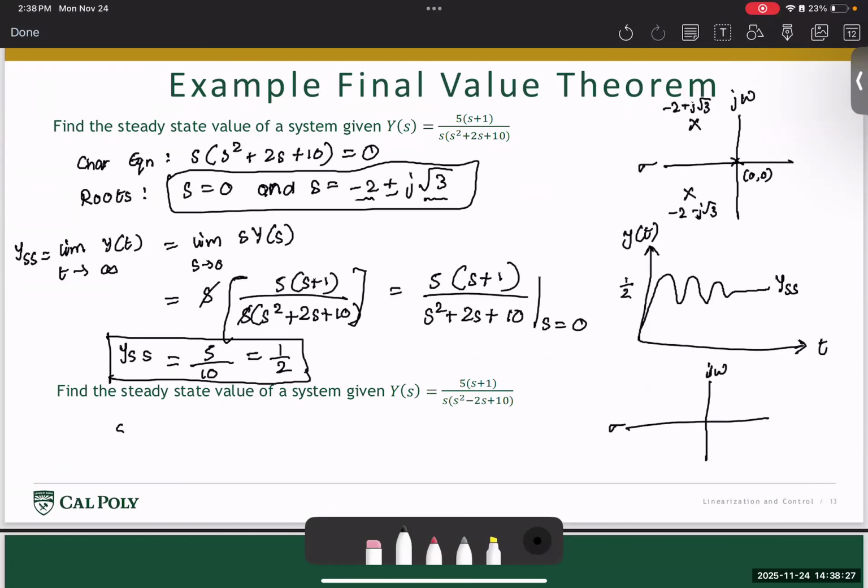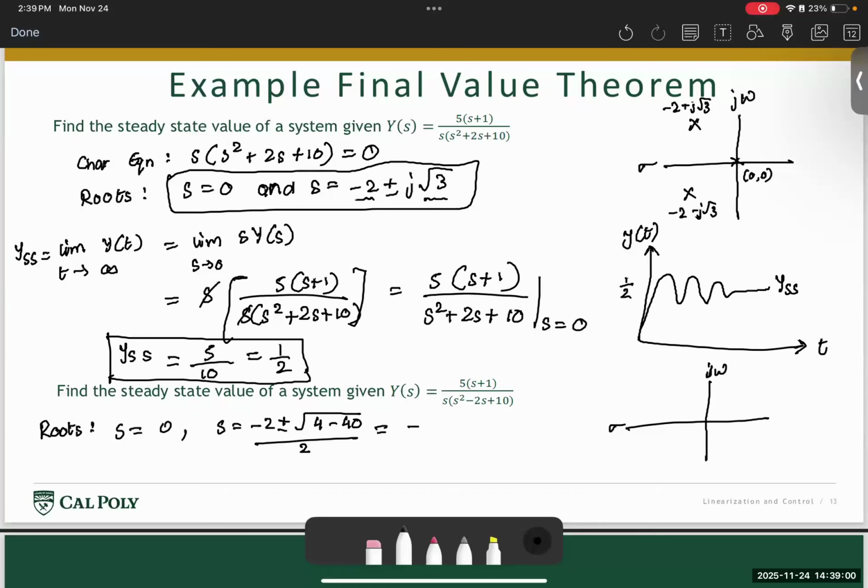Here, you will notice the roots of the equation are s is equal to 0, and then I want you to find the other roots of the equation. The other roots are given by s is equal to minus b, which is 2, plus or minus the square root of b squared, which is 4, minus 4ac, 4 times 10 is 40, divided by 2 times a, where a is 1.